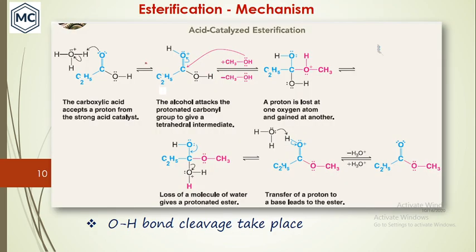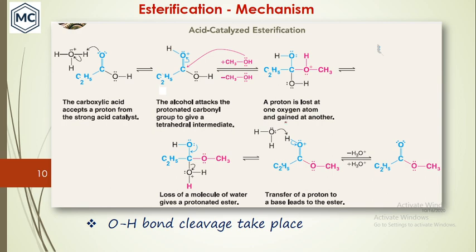And the mechanism of the esterification reaction, in this case: first the acid is protonated. This is a nucleophile, and it can be protonated by the protic acid, and it makes this carbon more electrophilic. The alcohol's hydroxyl group can act as a nucleophile, and it can attack this carbonyl carbon, and it forms a tetrahedral geometry.